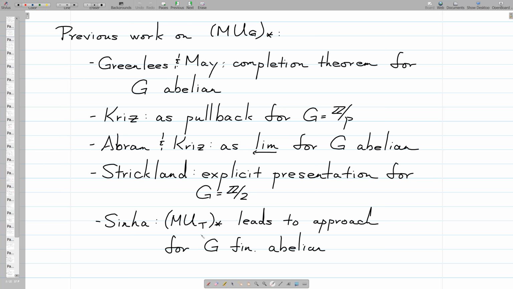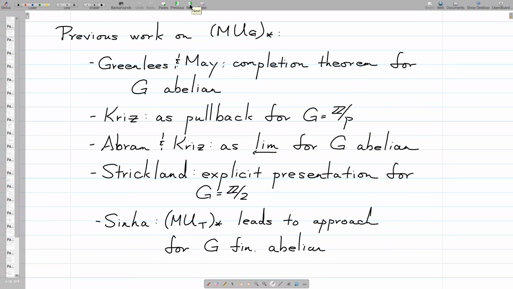That means that if G is a finite abelian group, you can always write MUG star as the cokernel of a certain map from an appropriate MUT star to itself. But this is a less explicit approach, and it depends on some choices.